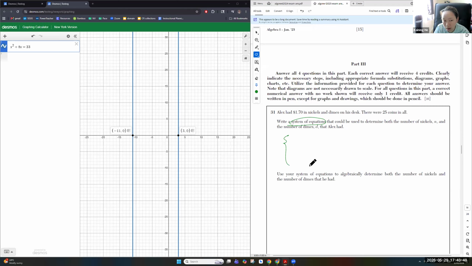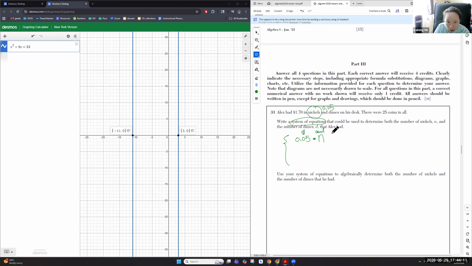Always start with the bracket. The bracket tells you that these two go together. Okay, so $1.70 in nickels. So how much is the nickels? I know that a nickel is worth $0.05. So I'm going to have 0.05, which is the worth, times the amount of nickels.